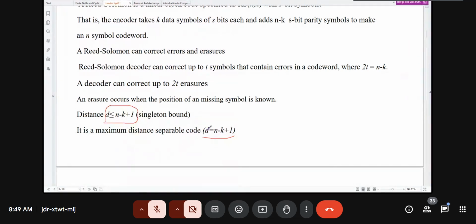We will not get into the theory, but when you get that, that's the most efficient code. That's the highest degree of efficiency you can get from a code, when you have the maximum distance separable code.